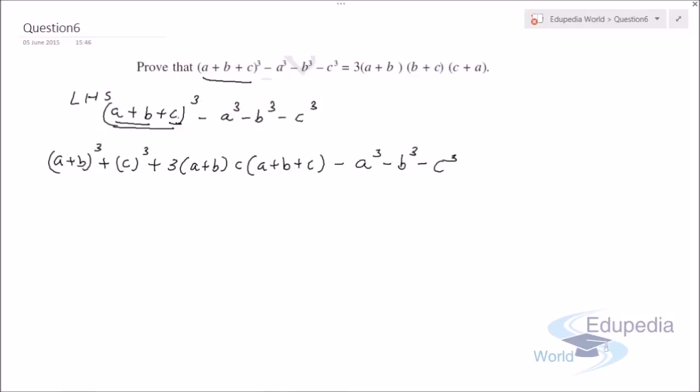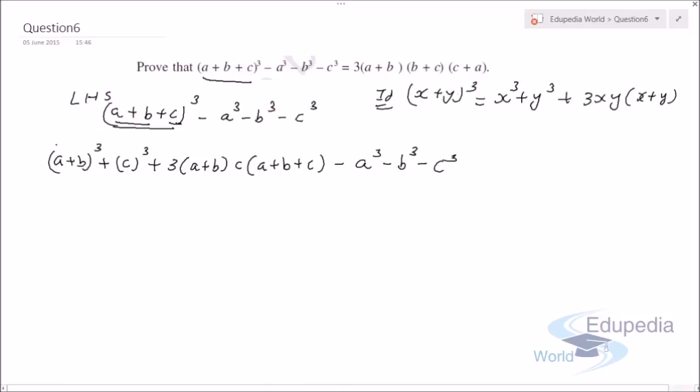Which identity have we applied over here? The identity is (x plus y) whole cube, which is x cube plus y cube plus 3xy into (x plus y). But we have taken x as the complete part a plus b, and y as c. So you can directly see that.